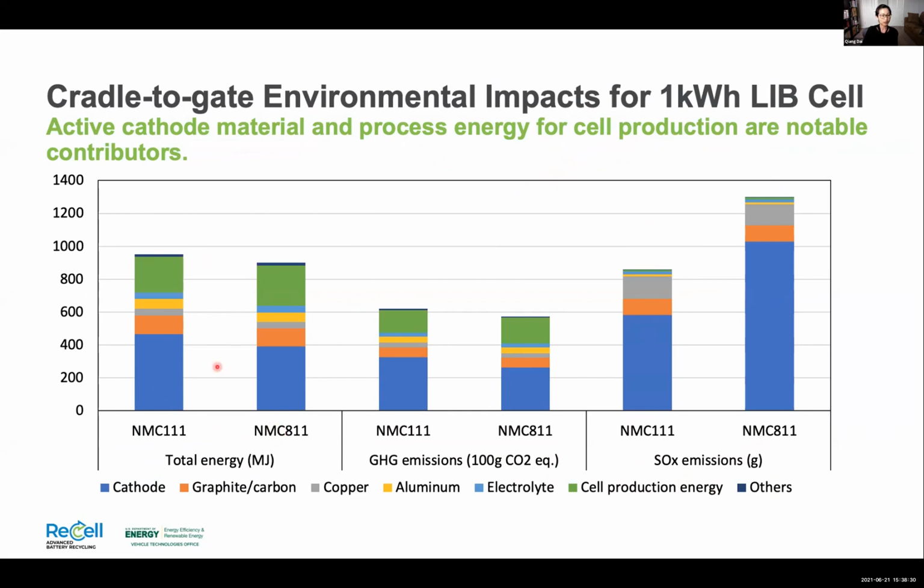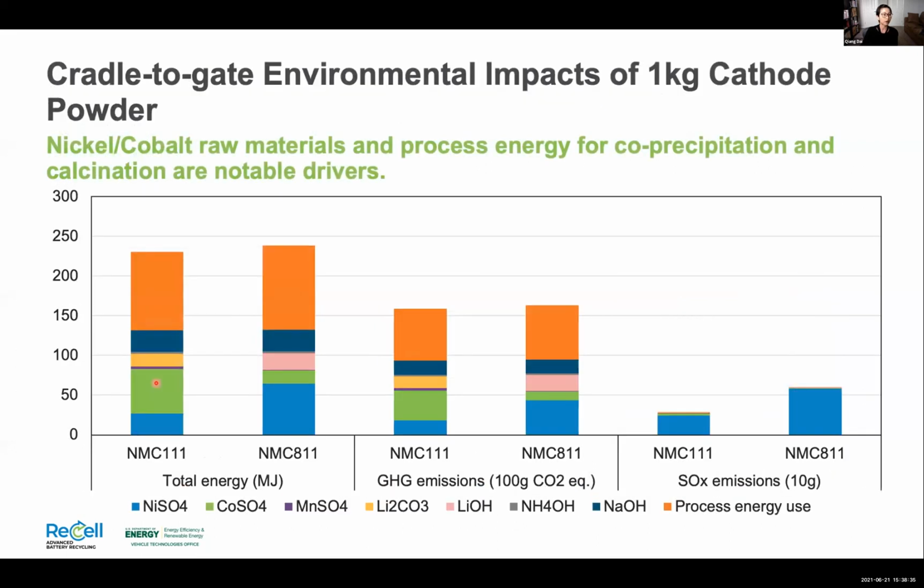If we take a closer look at the cathode powder itself, we can see that, again, the energy consumption used for the production of the cathode powder and the upstream materials, especially the materials containing nickel and cobalt, are the notable drivers.